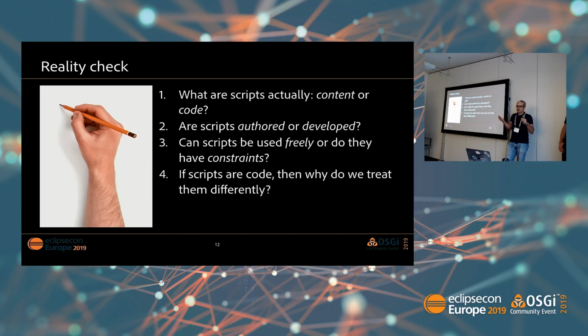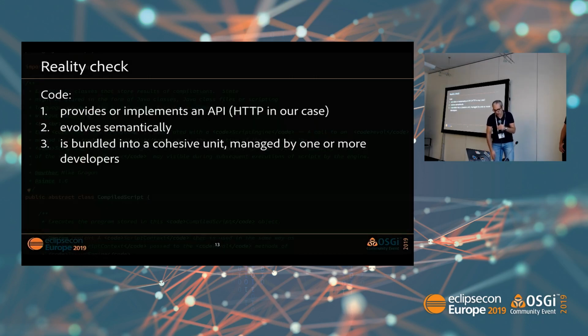Because Sling basically is a CMS platform, and so is the enterprise product we sell on top of it. You have to ask yourself, do you author content when you're writing scripts, or do you actually develop an application? You use them freely, or do they have constraints because they have dependencies and requirements and so on? And then if they are code, then why do we treat them differently? Why do we put them into the content and there's no dependency resolution or versioning for them?